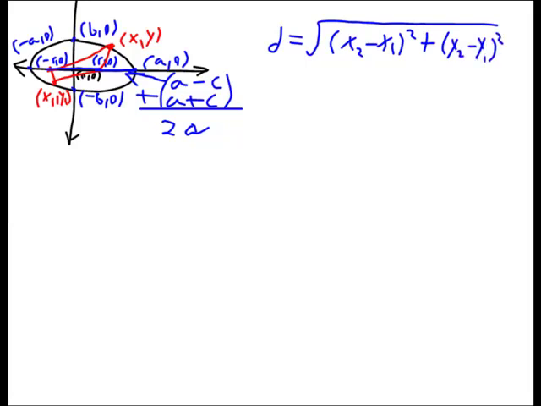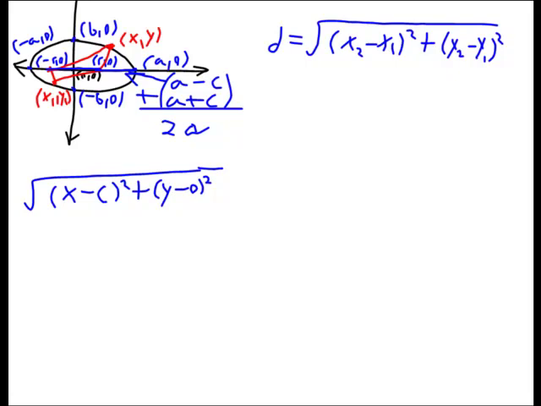So with that formula in mind, what's the distance from some point (x, y) to each of the foci on this graph? Well, that'll be the square root of x, which is my x point, minus the x coordinate of one of the foci. We'll use the first one, we'll use our point (c, 0). The x coordinate is c. And what's the y coordinate? 0, so it'll be (y minus 0) squared.